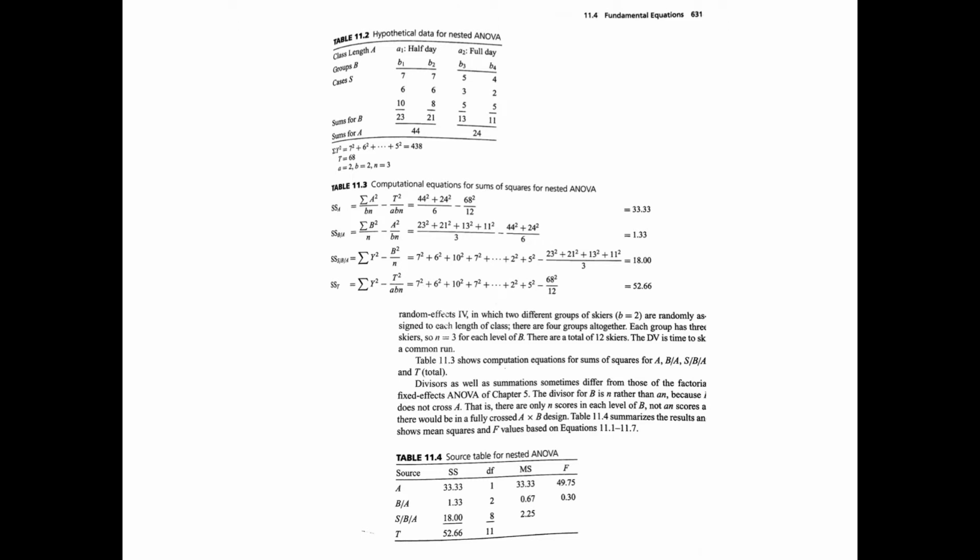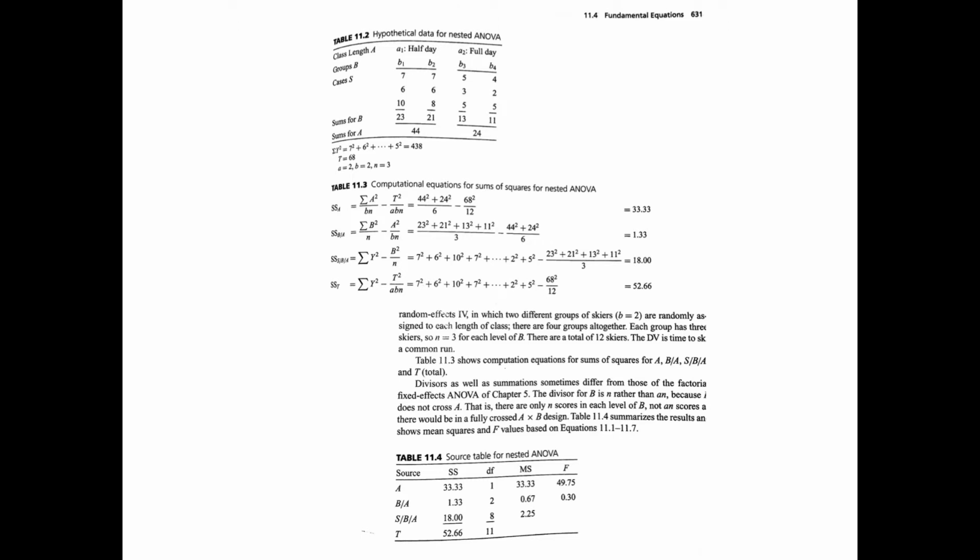So you have sum of squares for A, which is half day versus full day. Then you have sum of squares for B, which is your grouping variable, but you have to write B/A because group is nested within half day or full day, and that slash represents nesting. And then your error term here is S/B/A, which is subjects nested within groups nested within half day or full day.